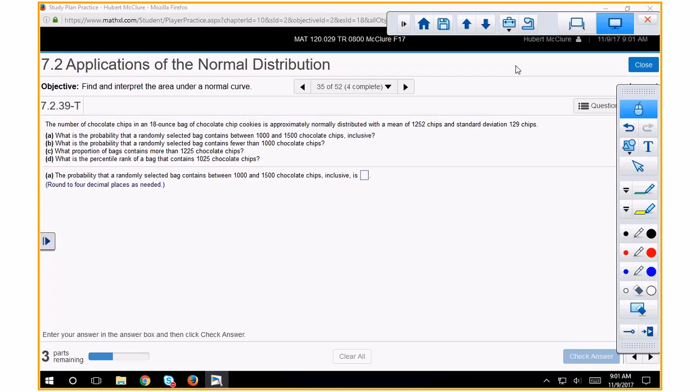Who would be interested in this? Somebody that works at Nabisco, quality assurance. Would your paycheck rely on this? Yes. You may work at Nabisco one day.